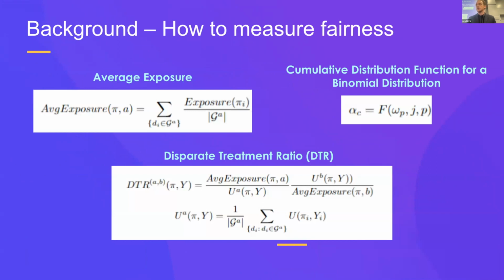But how to measure fairness? We have various ways. We can calculate average exposure across groups to compare them. We have a disparate treatment ratio that can be calculated with a measure of utility like discounted cumulative gain over average exposure.